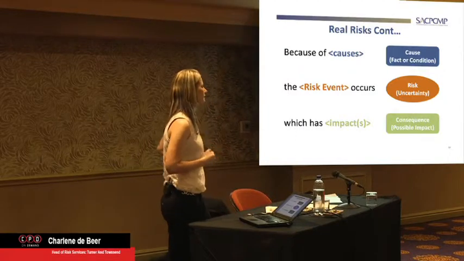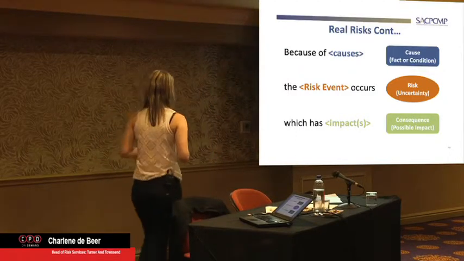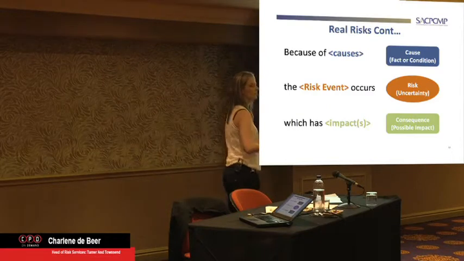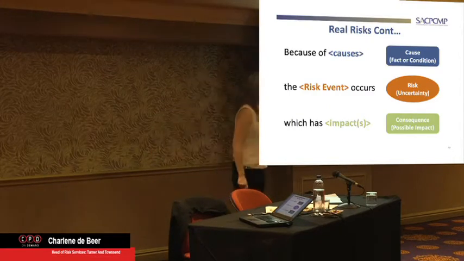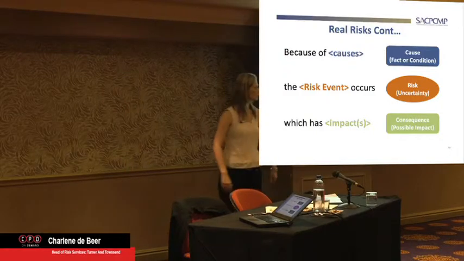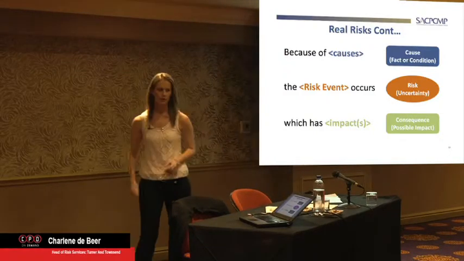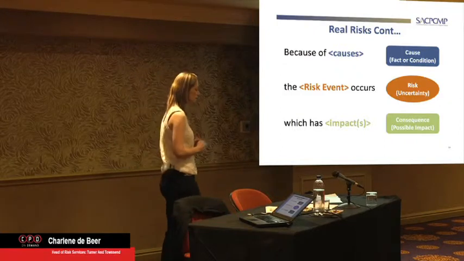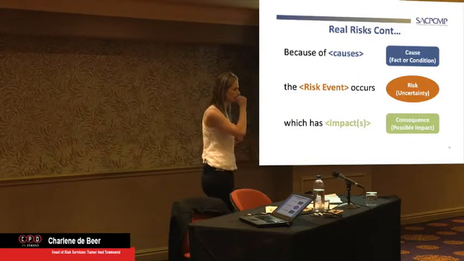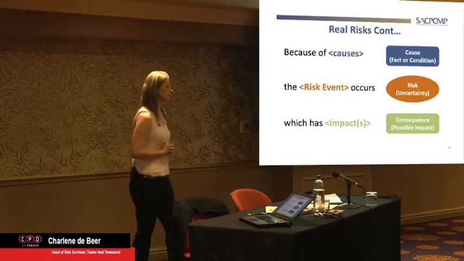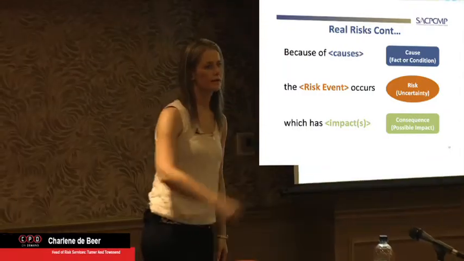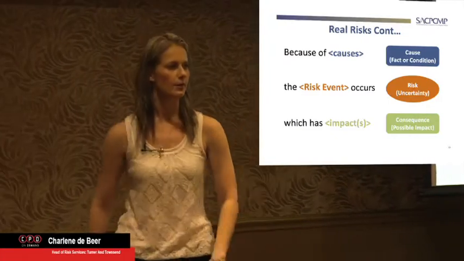So a cause is a fact or a condition. It's something you know. Because of inclement weather, we know it rains, we know the wind blows, because it's a known. We know we face that in construction environments. We know that we might injure somebody or kill somebody on site or in a factory or production plant.